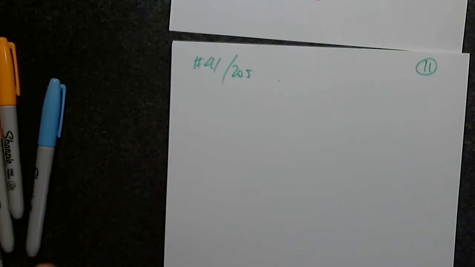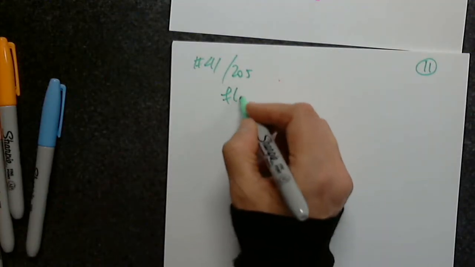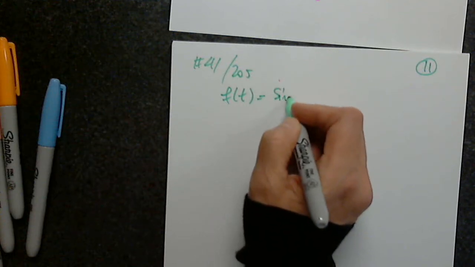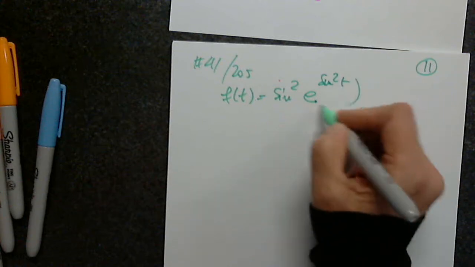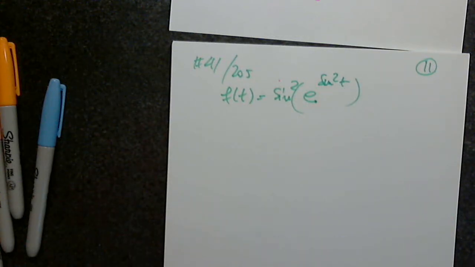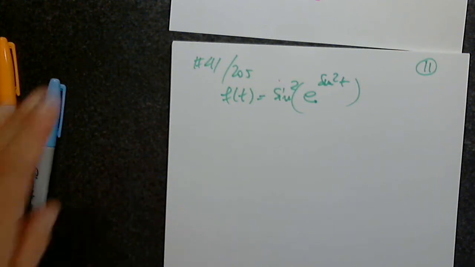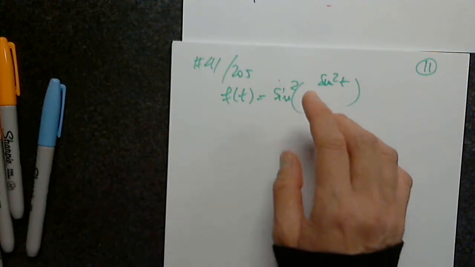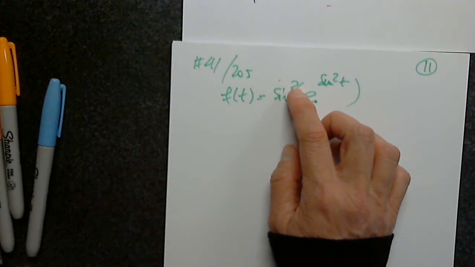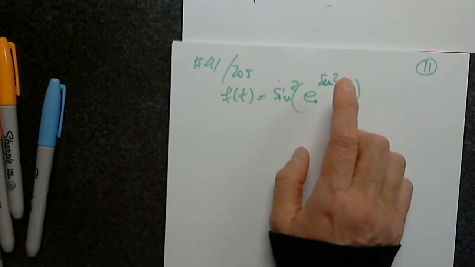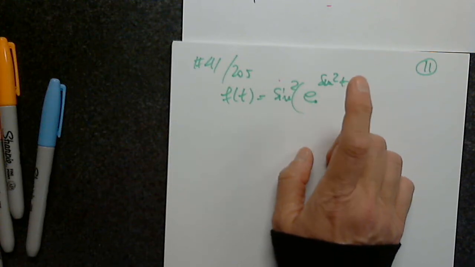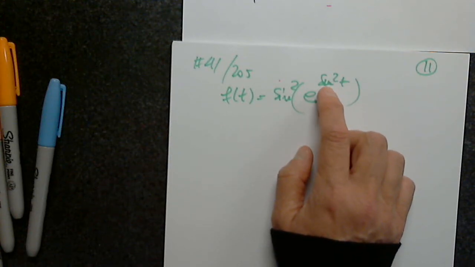And here it is, f of t equals sine squared applied to e raised to sine squared. So let's identify how many functions we have here. I have the power. I have sine. I have e to a function. I have another power, and I have sine.